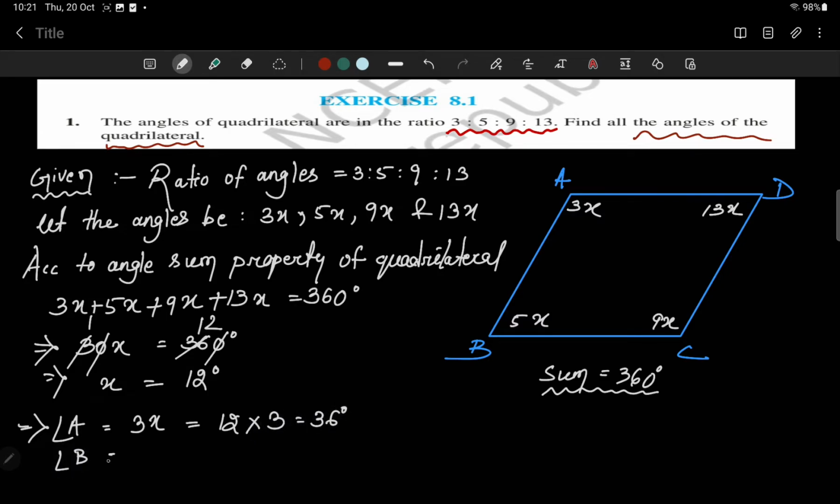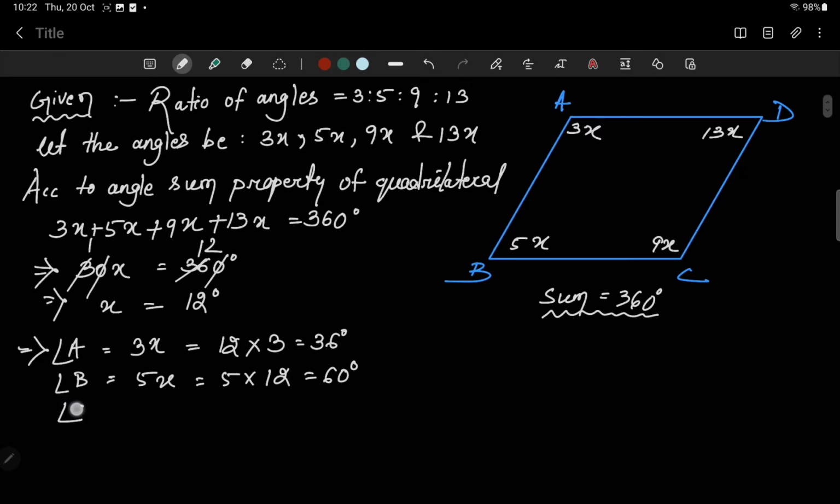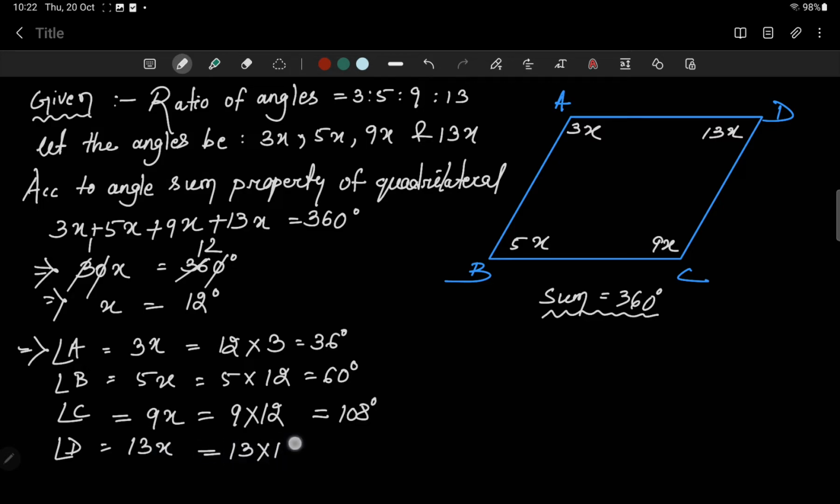Angle B equals 5x equals 5 into 12 equals 60 degrees. Angle C equals 9x, which is 9 into 12, 108 degrees, and angle D equals 13x equals 13 into 12 equals 156 degrees. This is your answer.